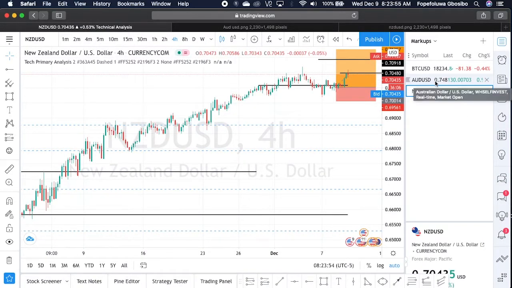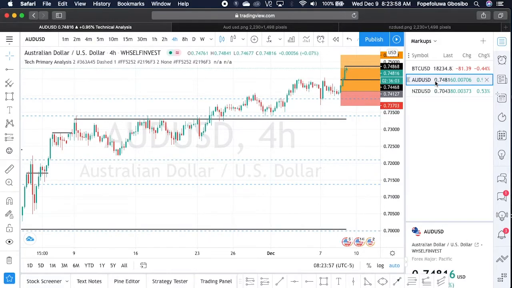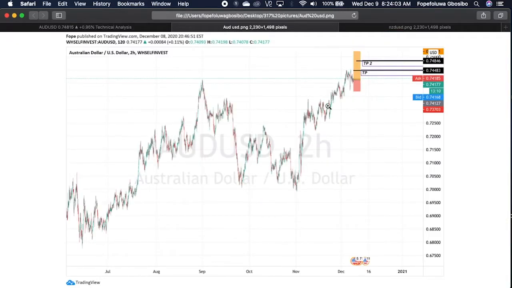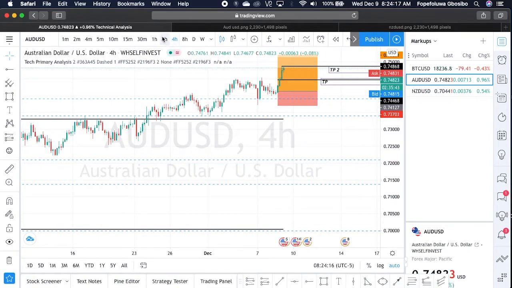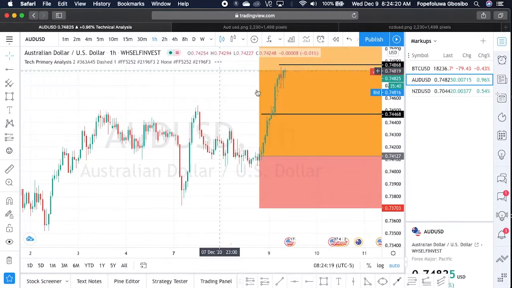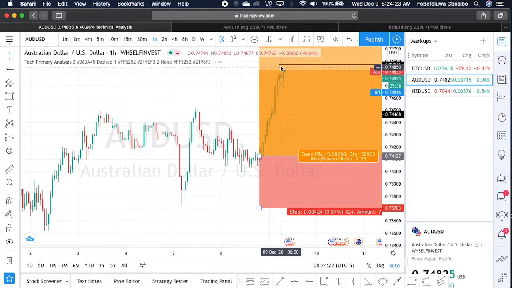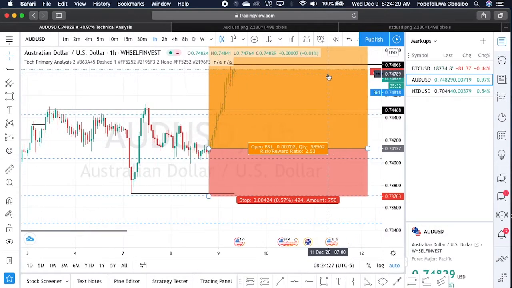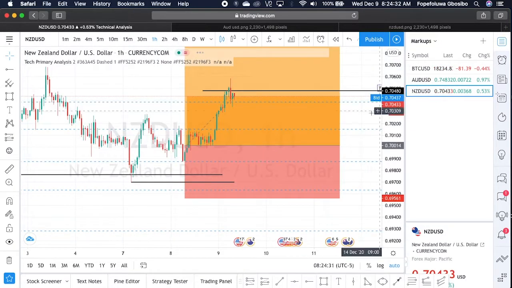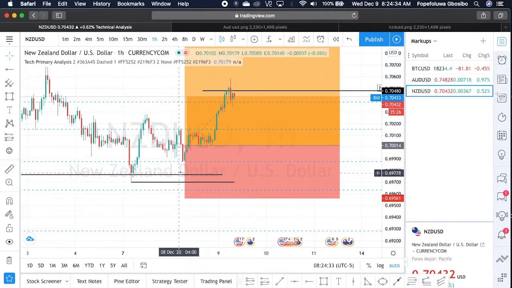Same thing for AUD USD. This was my TP1, my TP2, and TP3. As you could see, it definitely hit my TP1. It's almost at my TP2, still going up, but it's still going to be my TP2. And that's 7 hours of just these two trades.